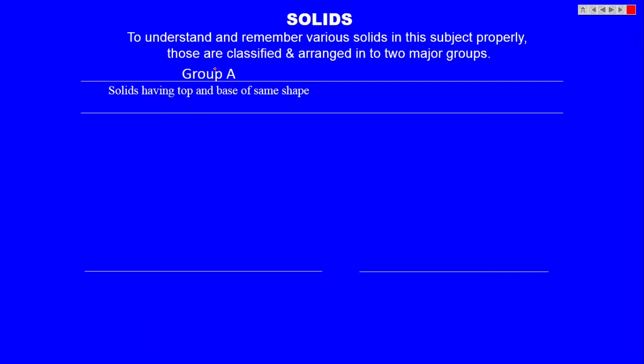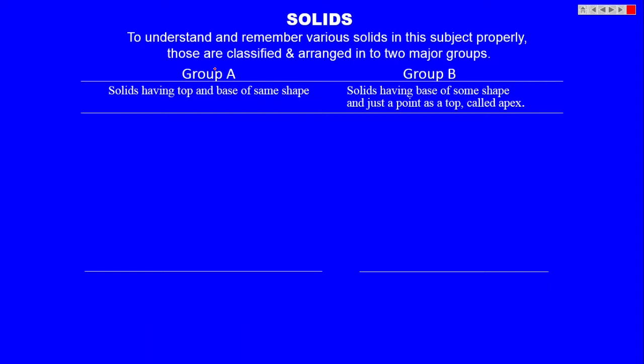First group is solids having top and base of same shape. And in the second category, solids having base of some shape and just a point as a top. That point is known as apex of the solid.